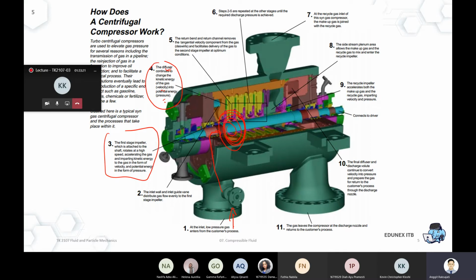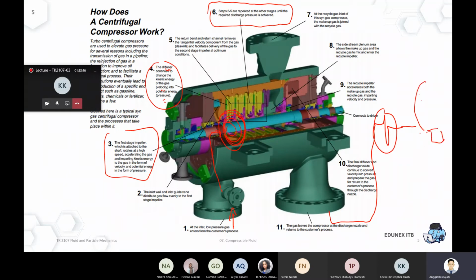And then the steps are repeated until the required discharge pressure is achieved. As I explained previously, it's very common to have an intercooler and then send to the next stage of the compressor, going into the next step of the compressor.